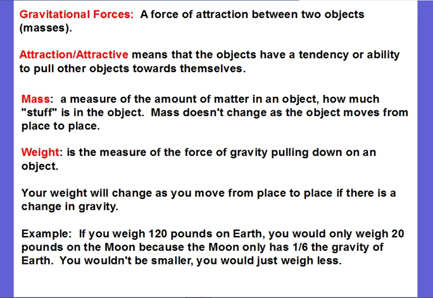And we compare other objects in the solar system to Earth. So for example, if you weigh 120 pounds on Earth, you would only appear to weigh 20 pounds on the moon, because the moon only has 1/6 the gravity of Earth. You wouldn't be any smaller, you would just weigh less. You would still be the same size, you would just weigh less.